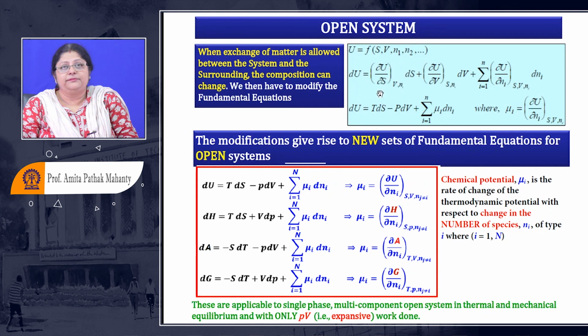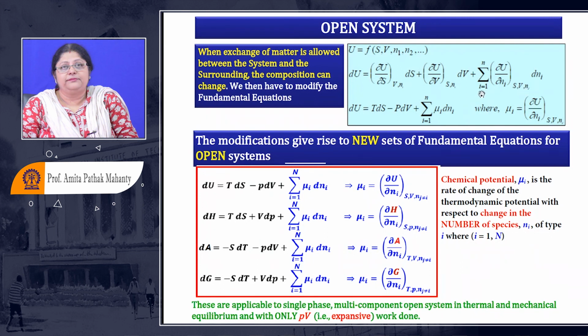So how U is changing with the entropy, keeping volume and number of moles of all the species constant, plus how U is changing with the volume, keeping entropy and the number of moles of all other components fixed, into the total change of V, plus how U is changing with the number of moles of each species at constant entropy and volume.